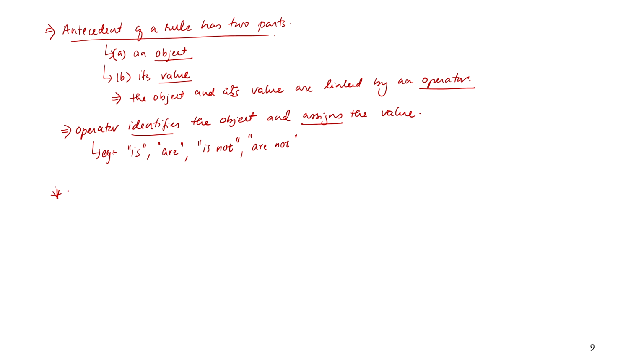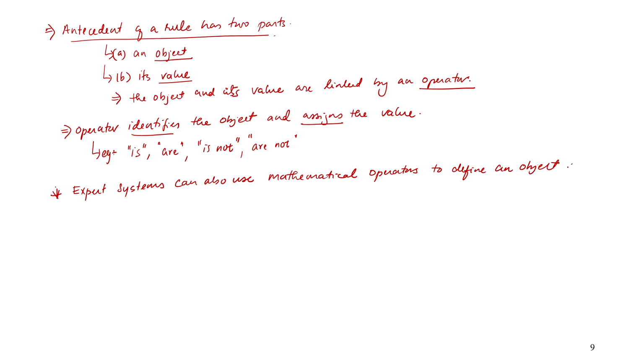Now, one more thing is that expert systems can also use mathematical operators to define an object as numerical and assign it a numerical value.